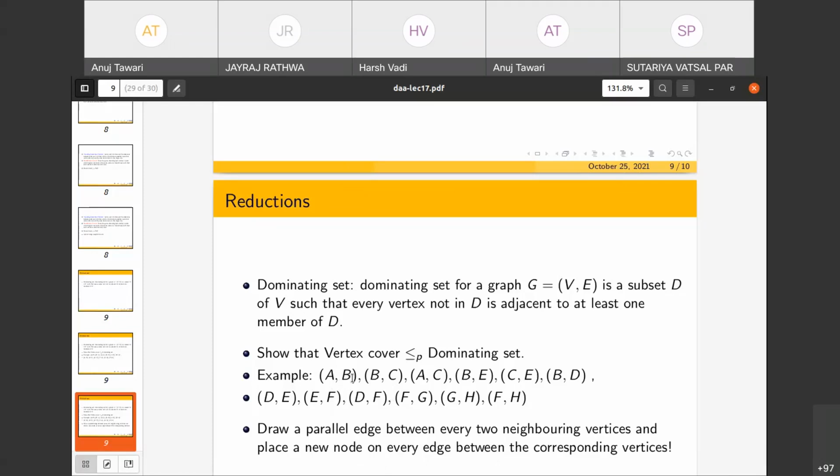Right? Instead, if you pick A, for instance, then you can cover A, B as well as AB. And maybe some other vertices as well, it can cover C also. So we will formally show that if you can compute this dominating set in this graph, it will give you a vertex cover in the original graph. Because this is vertices covering edges, this is just vertex covering vertex.